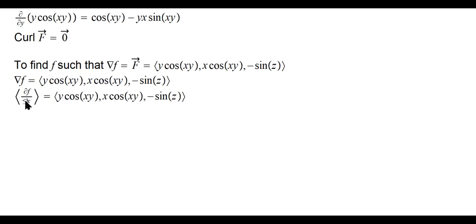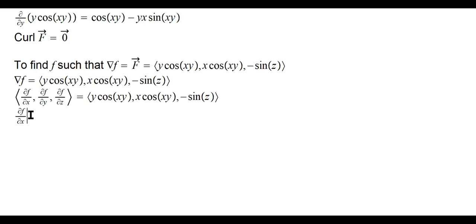So we got this, then we got df/dy, and then we got df/dz, right? So we have to find a function f such that df/dx is y cosine xy, right?